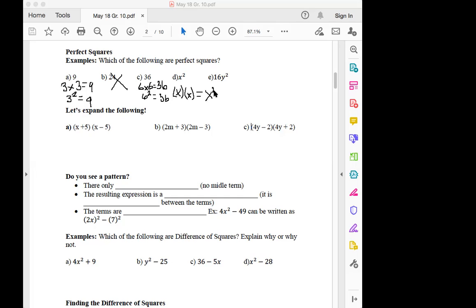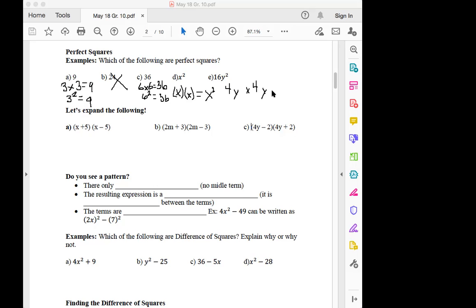If we look at 16y squared, you would look at the numbers. 16, so we know that 4 times 4 gives us 16. And y squared is the same thing as y times y.